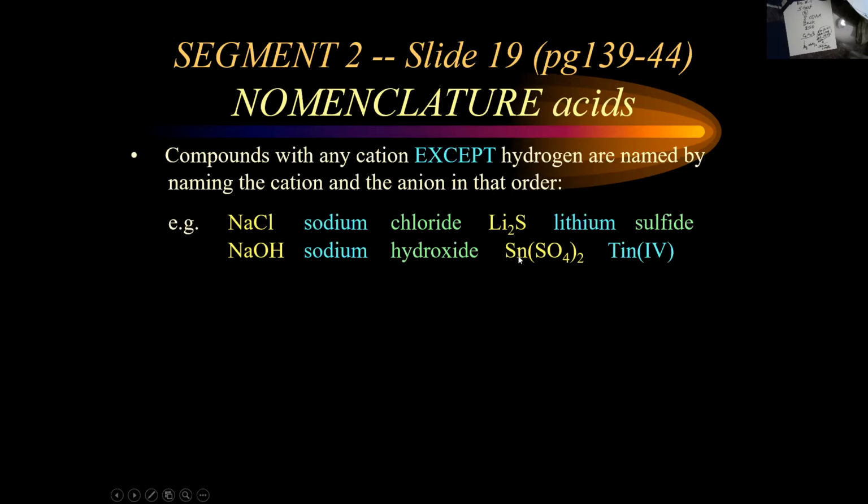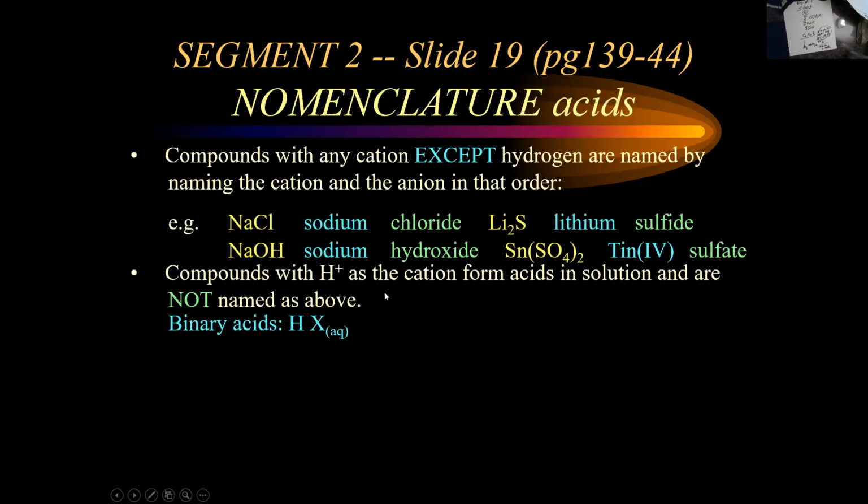There's 2 of them, so tin is plus 4. So this is tin 4 sulfate, not tin disulfate. I will count that wrong every day of the week. You don't use those prefixes except in a special case I'm going to show you in a moment. This compound is tin 4 sulfate. And it's 4 because the tin is plus 4 in that compound.